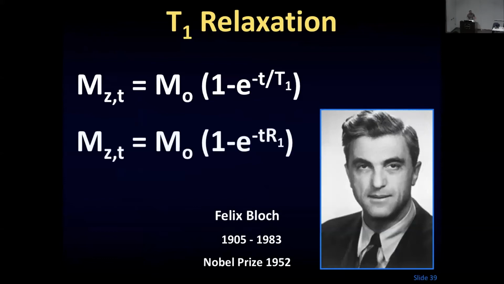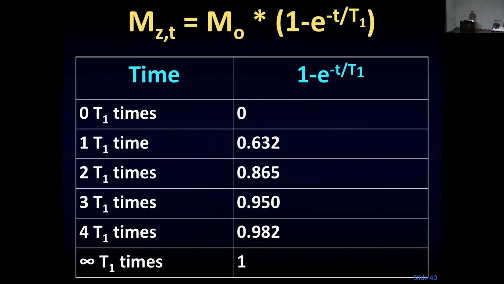So another way of describing this equation is, instead of having a time constant T1 in the denominator, you can have a rate constant in the numerator. Be aware that T1 and R1 are reciprocals of one another. This is a time constant. This is a rate constant. When you put the time constant, it goes in the denominator. When you have a rate constant, it goes in the numerator.